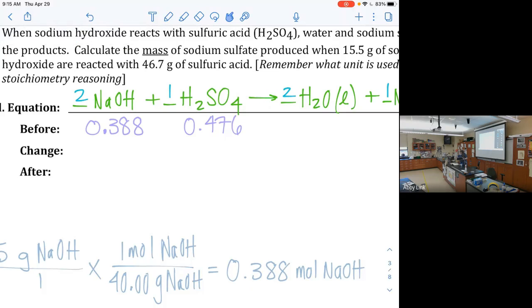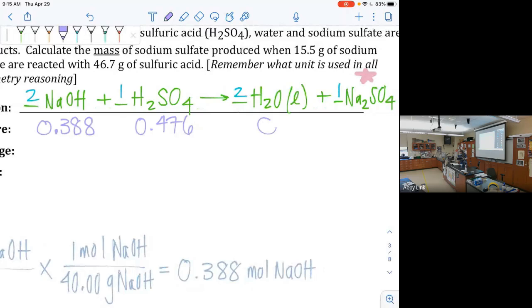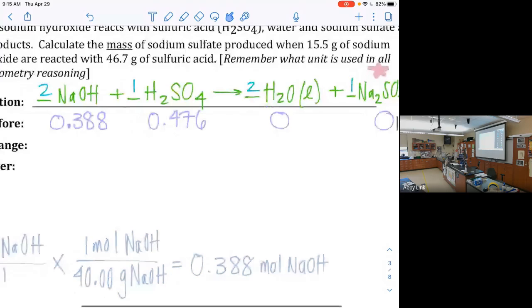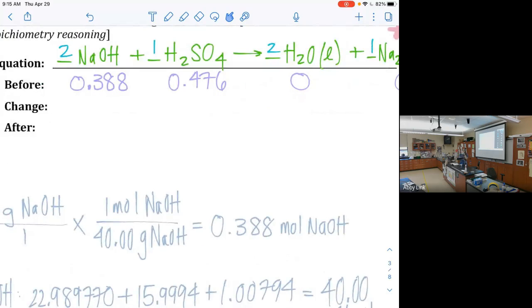We are still going to have 0 amounts of our products. All right. Now, we have to figure out which one of our reactants is the limiting reactant, right? So we have to do our mole to mole conversions here. All right. Remember, I need to figure out if I want to use up all 0.388 moles of NaOH, do I have enough H2SO4 to do that?